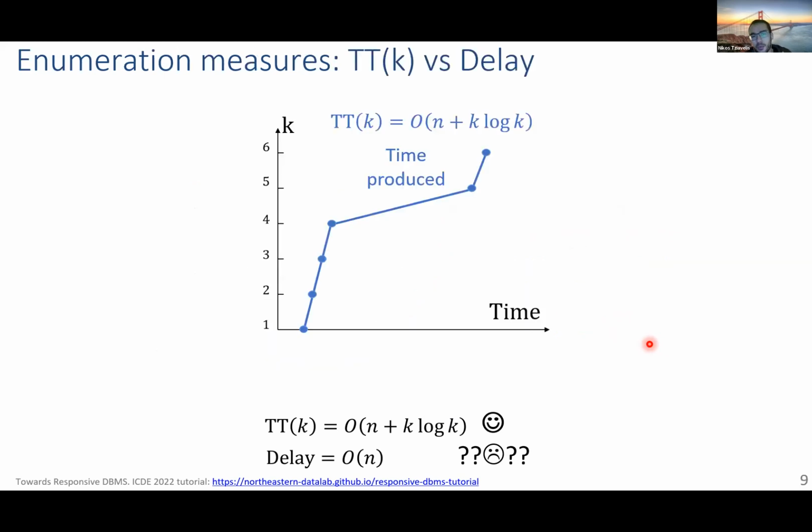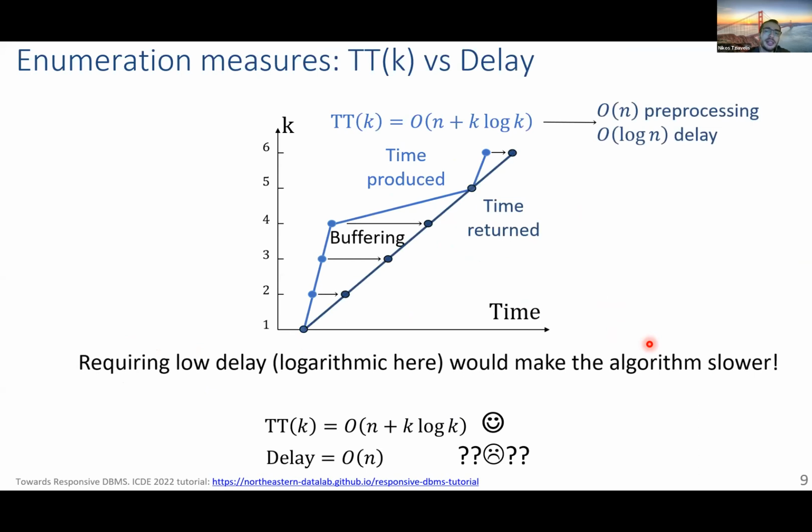Well, as we saw before, for any algorithm that has a nice time to k guarantee, but not a good delay guarantee, we can essentially buffer the results and return them later to make the delay uniform. So here we can play the same trick, and we can get an algorithm that has linear preprocessing and logarithmic delay.